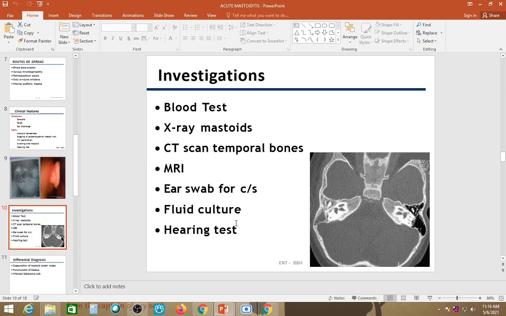And the CT scan of the temporal bone we can examine, or else we can do MRI, either or. If the CT scan cannot be read properly, then we can go for the MRI. Then the ear swab for culture we can send, as well as the discharge fluid for fluid culture, and then we can do the hearing test, that is the audiometric test. From there we can find out how much the hearing is affected.